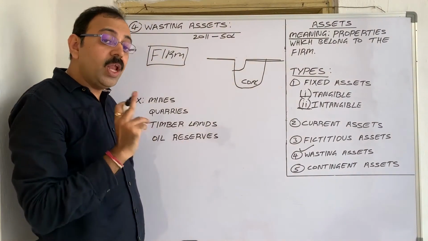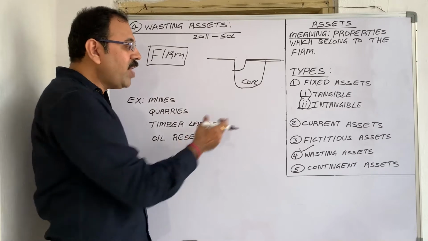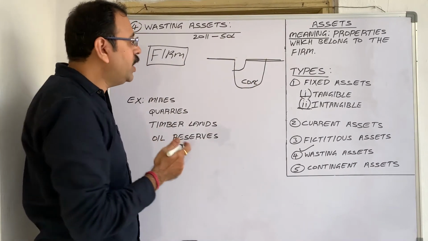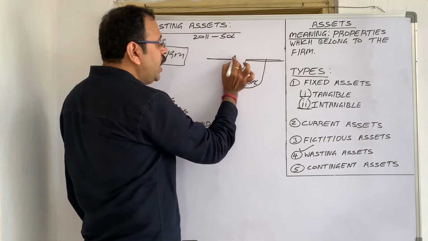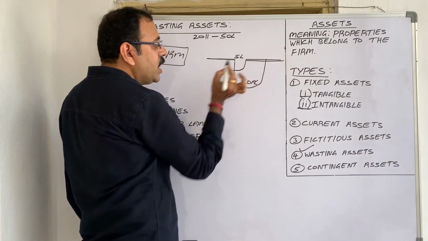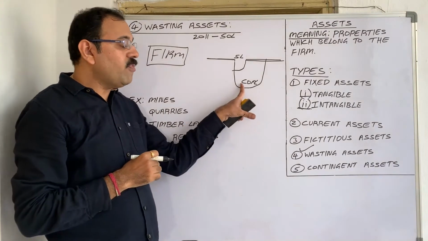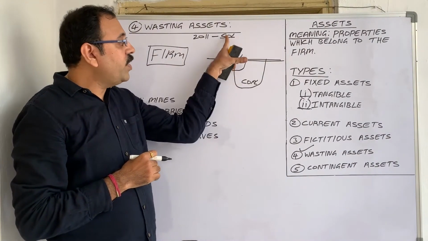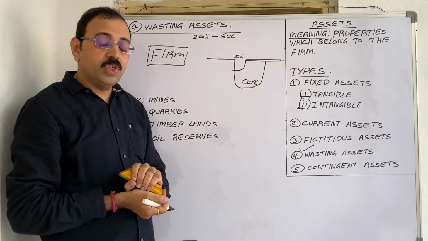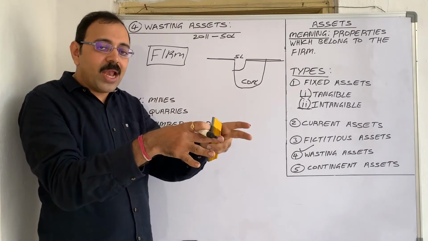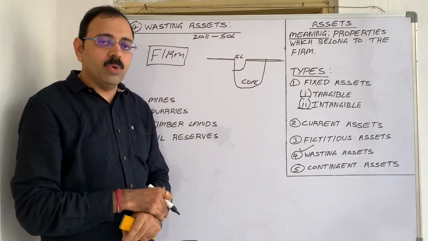Then at the end of the year, the mine value will not remain the same 50 lakh rupees. Assume that in 2011 they extracted 5 lakh worth of coal. Now in the balance sheet, the mine value will be 45 lakh rupees only. So what happened here? With every dig, the mine value reduces.